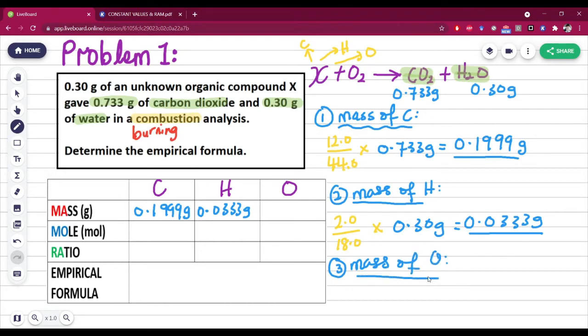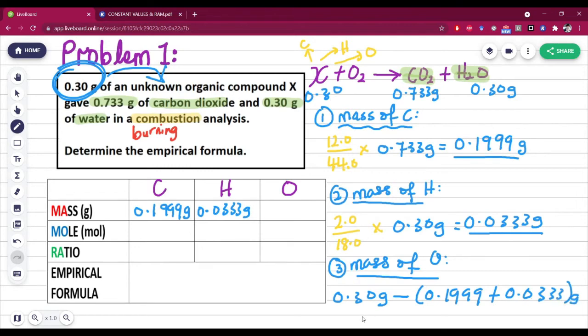What we do now, you're going to take this mass. So that is the mass of the unknown organic X. So this is 0.30. We're going to minus 0.1999 plus 0.0333 grams. And what did you get?